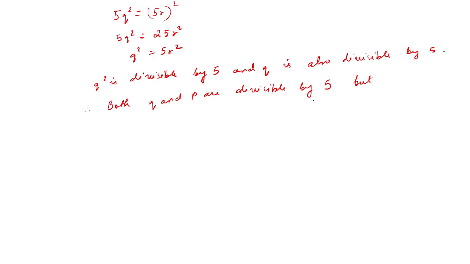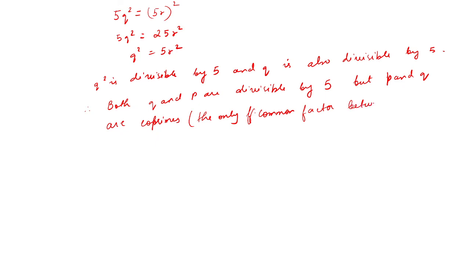Now both are divisible by 5, but p and q are co-primes, which means the only common factor between p and q must be 1.